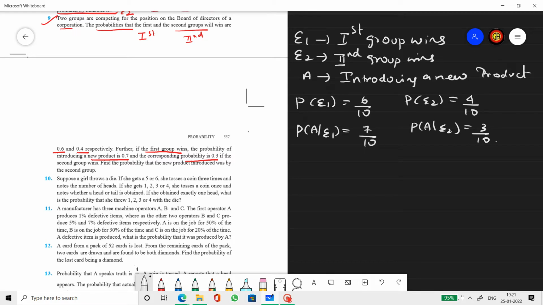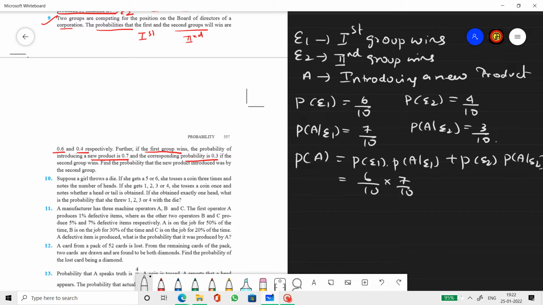Now the question says find the probability that a new product is introduced by the second group. So the probability that the product is introduced, which is our total probability here, is P of E1 into A given E1 plus P of E2 into A given E2. So that is 6 by 10 into 7 by 10 plus 4 by 10 into 3 by 10.